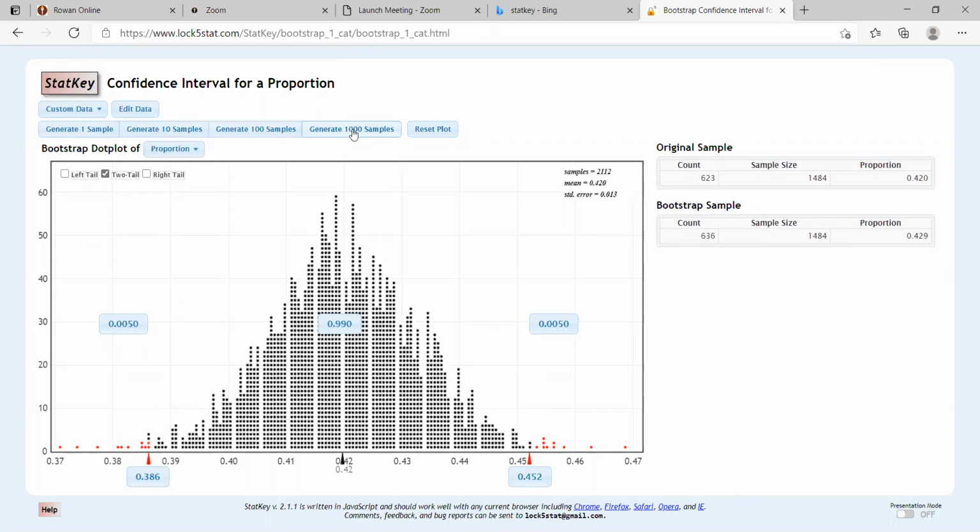But if I need 3,000, you click this generate 1,000 samples 3 times, and if you need another 300, you click 100 samples 3 times, like that, until you get the number that you want. And by the way, if you make a mistake, you can always reset and start again.